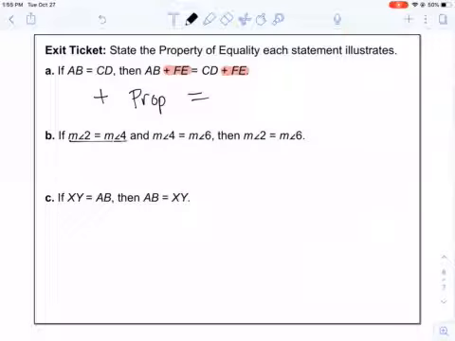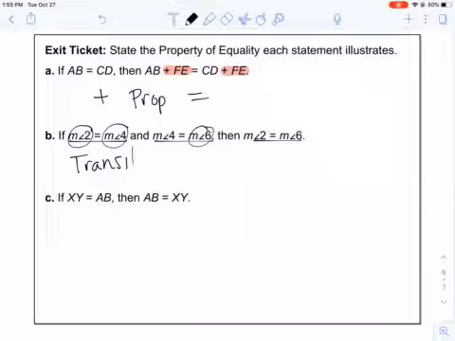Now this one, 1, 2, 3 unique things, 3 equal signs, transitive. Also notice there's no plus, minus, multiply, or divide. Then finally our last one, this is equal to this, and this is equal to this. So they're equal to each other, symmetric.